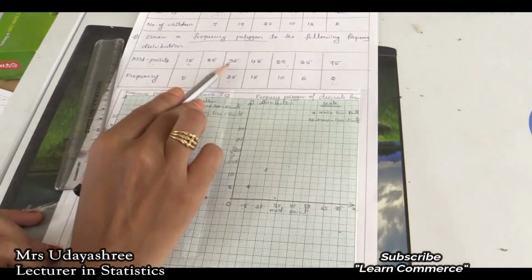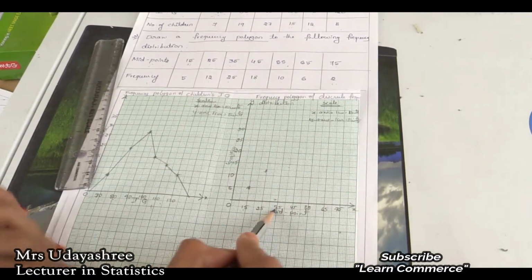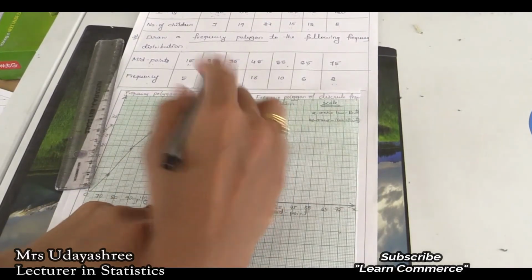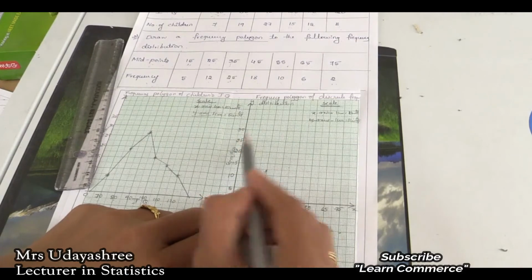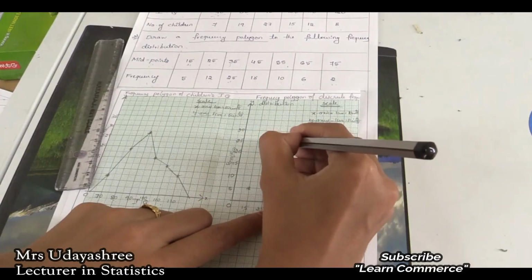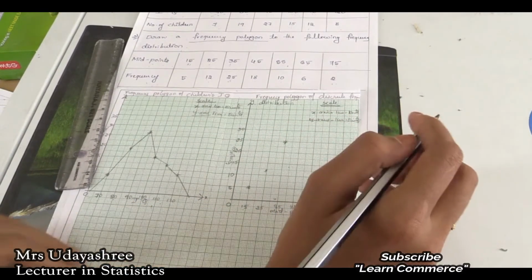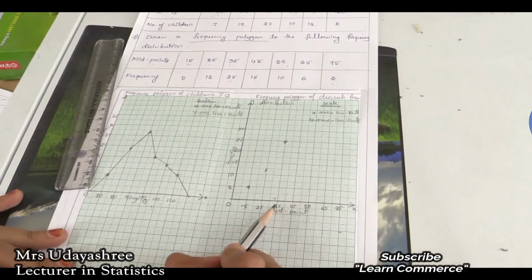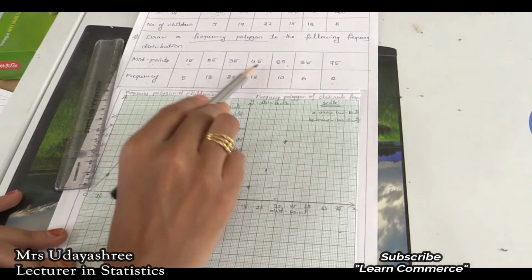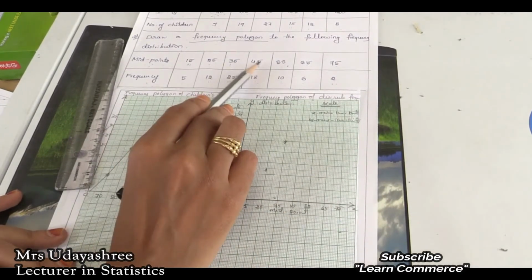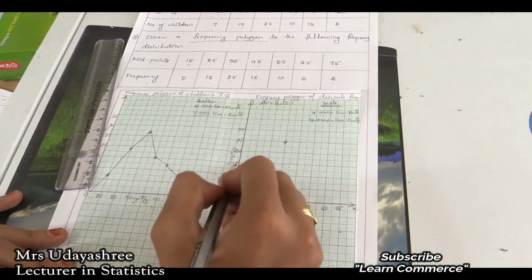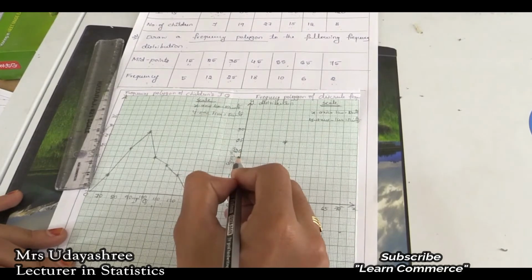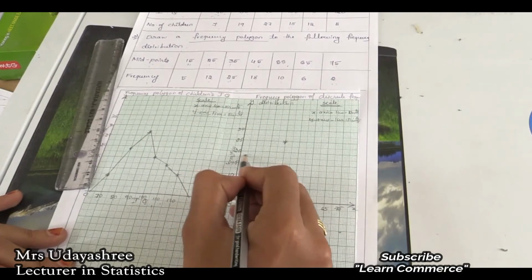Next midpoint is 35, with corresponding frequency 25. So 25 is here, and we mark it like this. Next midpoint is 45, with corresponding frequency 18. 15 is here, 20 is here, so it is 17.5, and 18 comes here.